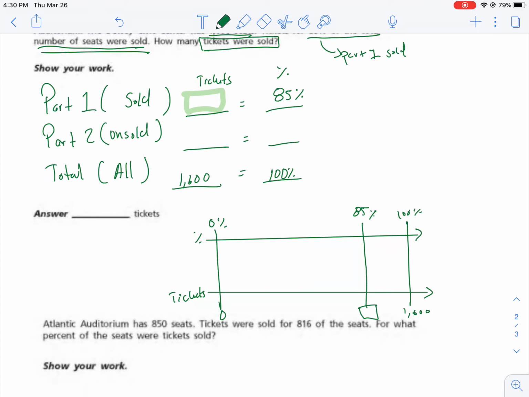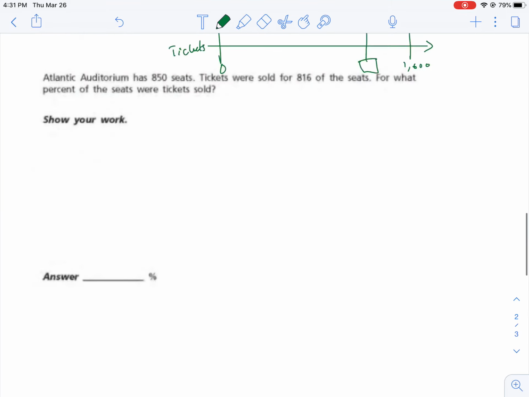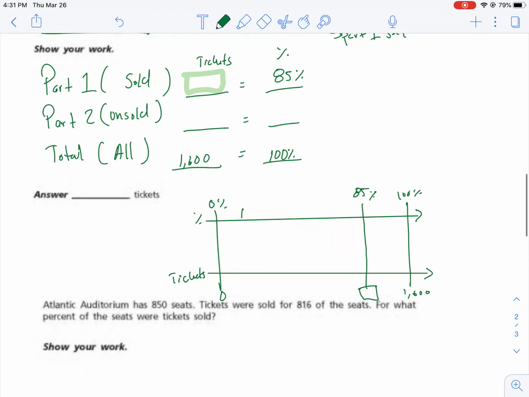Okay, let's see, what can we do? Okay, so we can actually scale down to 5% because we know 85 is a multiple of 5.